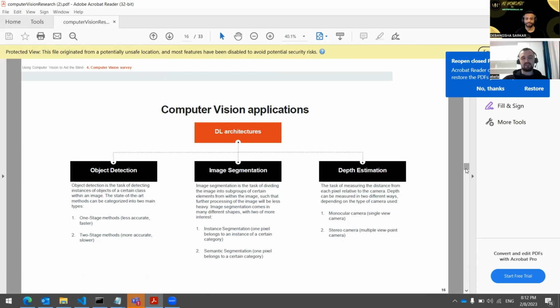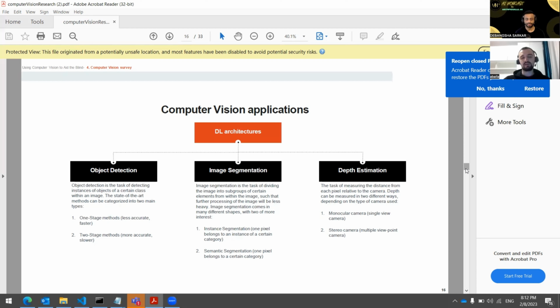So if you just want to do a proof of concept or something like that, you might prefer this one because you achieve success faster. But there are also two-stage methods, which are more accurate, but they require more computational power. So if you are building a system and you have the resources, this is the way to go, I would say.